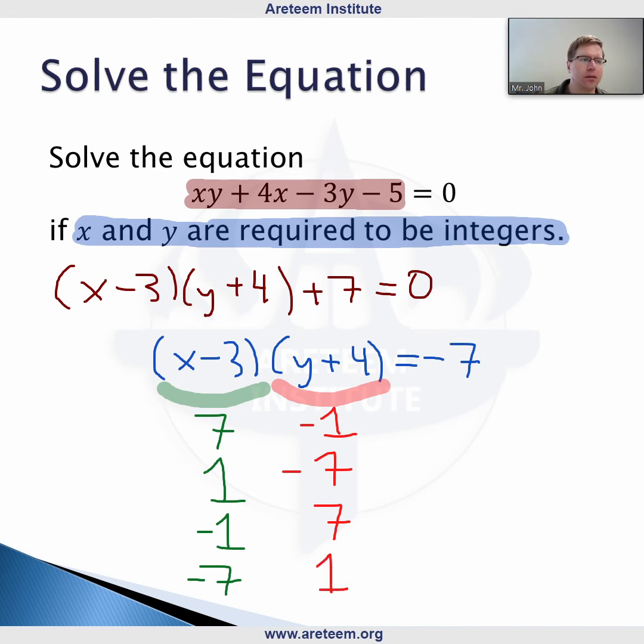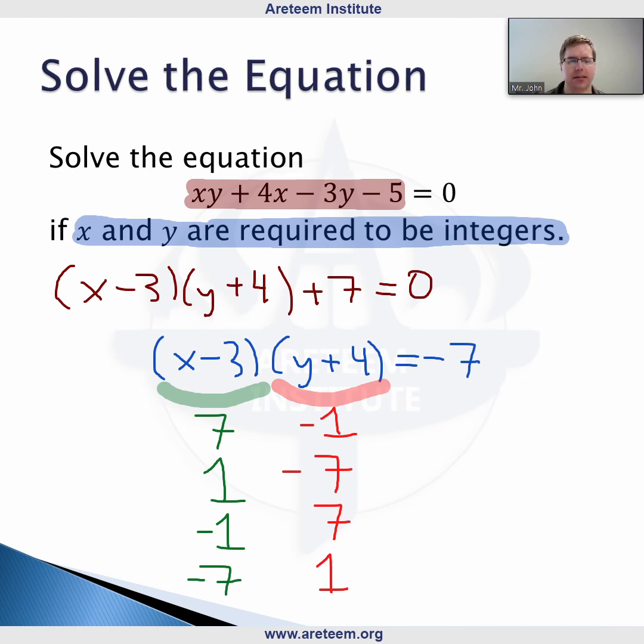So we have 1, then we have negative 7 here. Let me just make it clear that that's a negative 7, and then we have our 2 answers, negative 1, 7, negative 7, 1 in this case as well. So this gives us our situations for not x and y, but for x minus 3 and y plus 4.